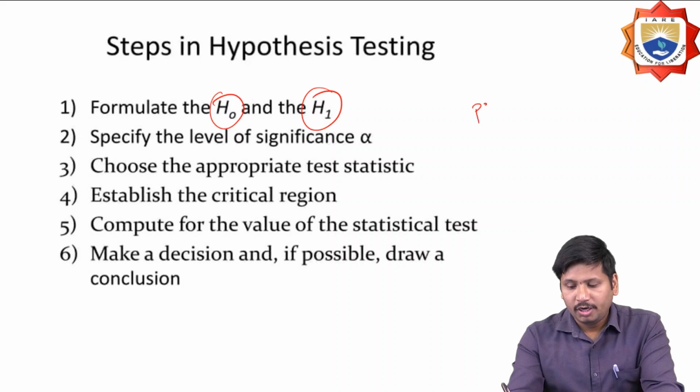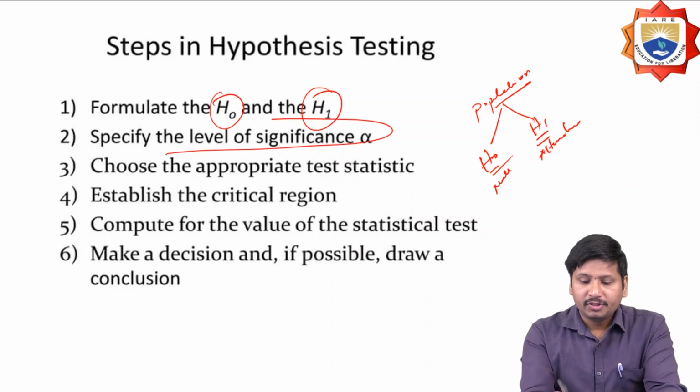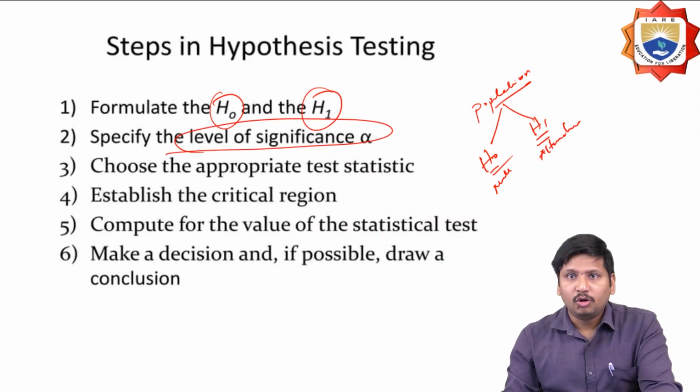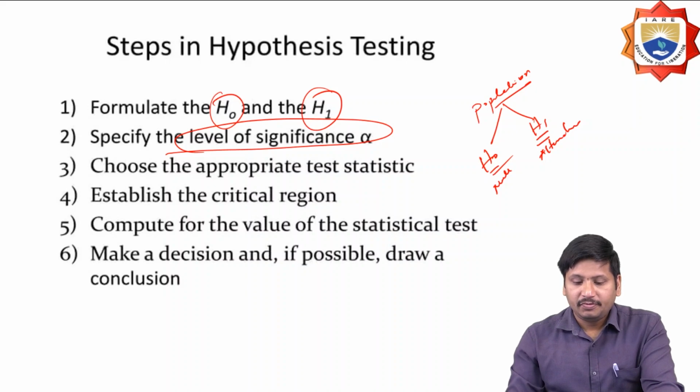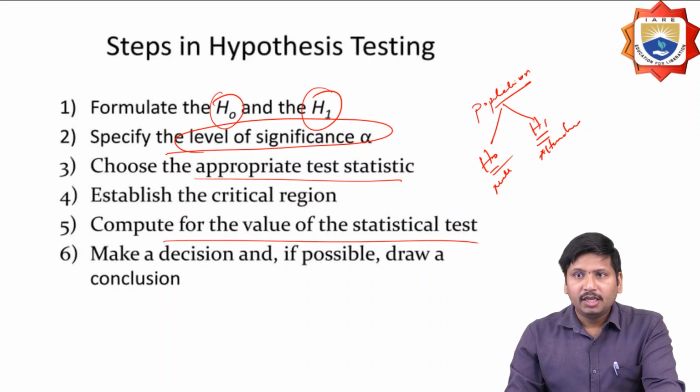For any kind of population, I have to consider these two hypotheses: first H0, the null, and then H1, the alternative. Then specify the level of significance, choose the appropriate test statistic, establish the critical region, and finally compute the value of the test statistic and make the decision.